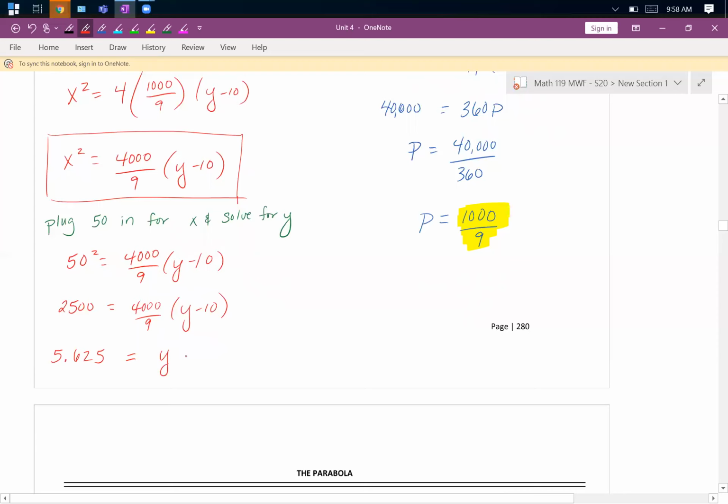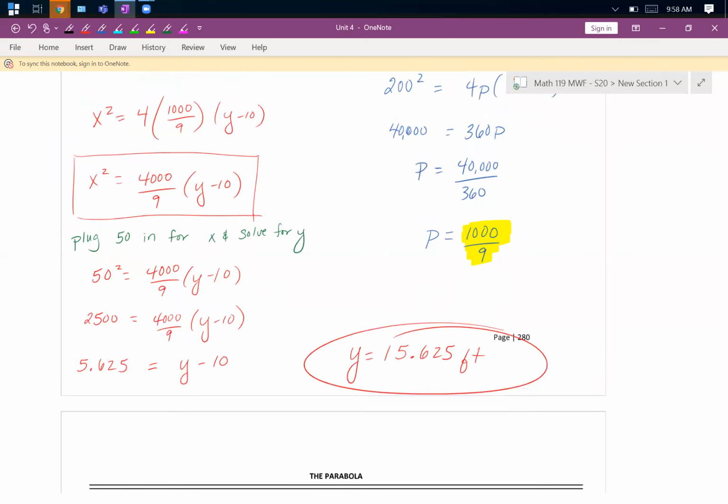And then that's going to be equal to y minus 10. So the last thing we need to do, add 10 to both sides. We get y to be equal to 15.625. And our unit is feet. Questions?